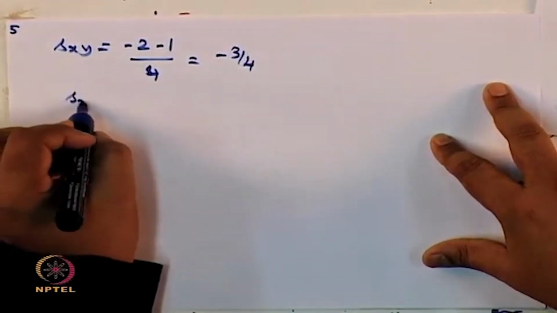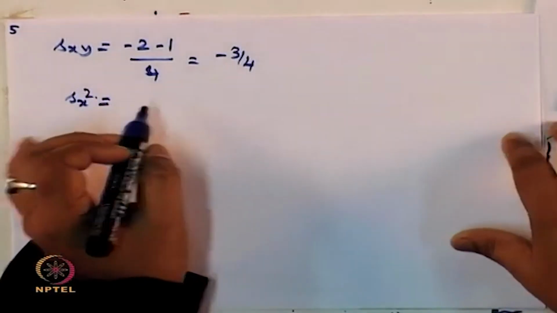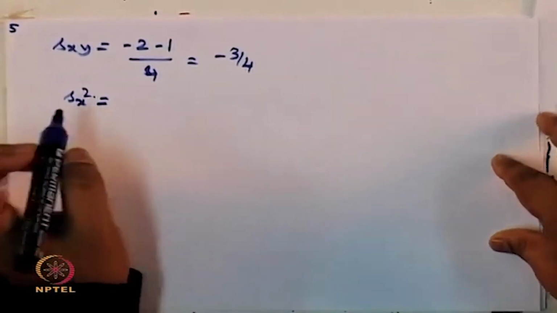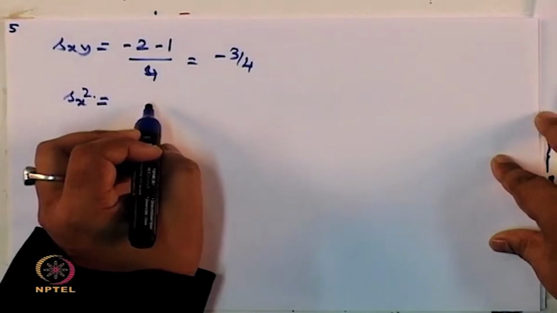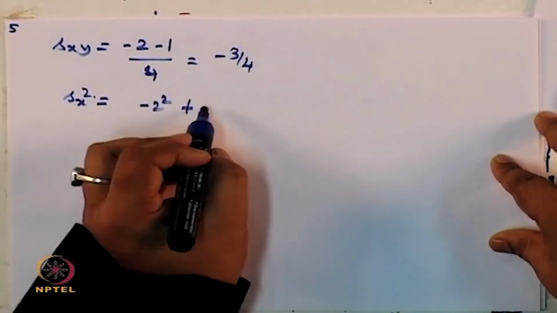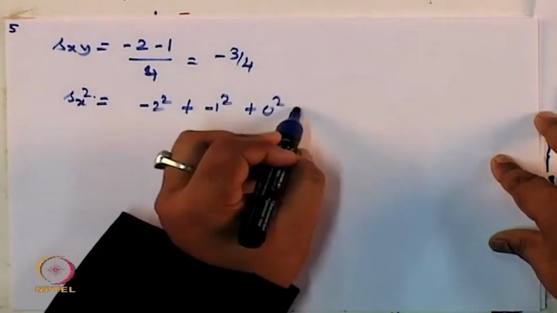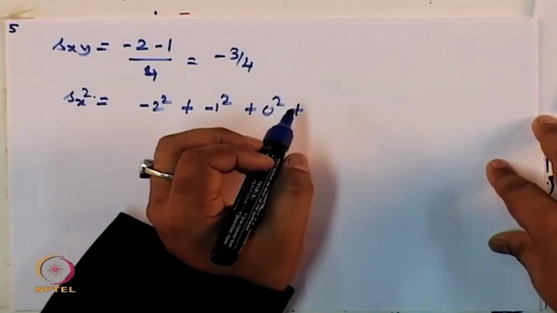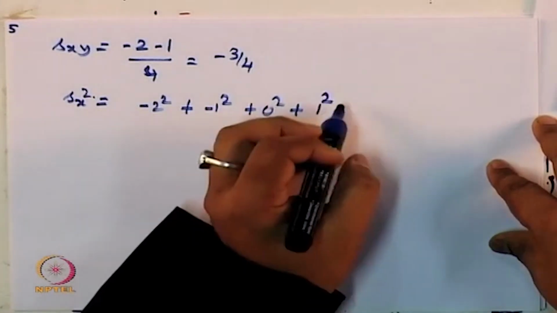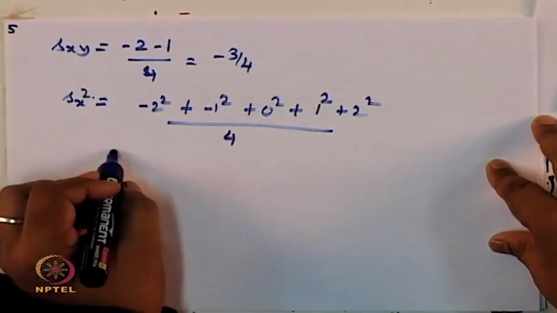Okay. And s x square is going to be (x minus x bar) whole square: minus 2 square plus minus 1 square plus 0 square plus 1 square plus 2 square, divided by 4.